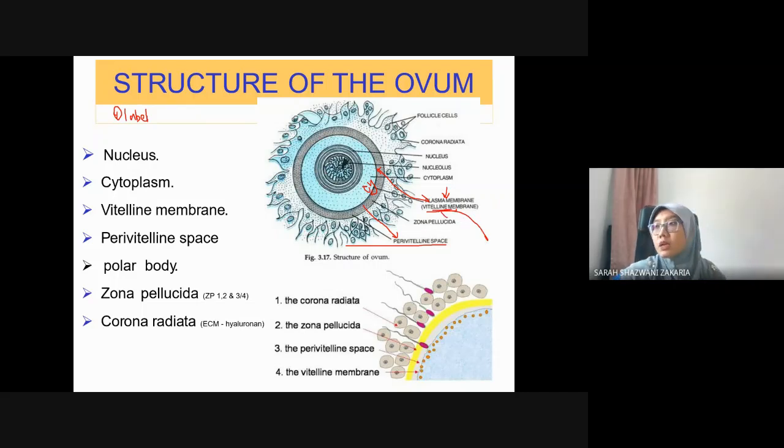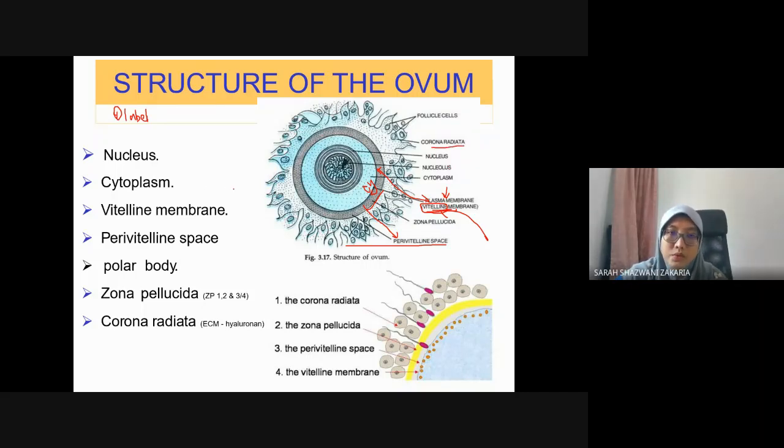Maybe someone can try to find the definition of vitelline and post it in the chat box. And then after the zona pellucida layer, we have this layer here, the follicle cells, which we call corona radiata.